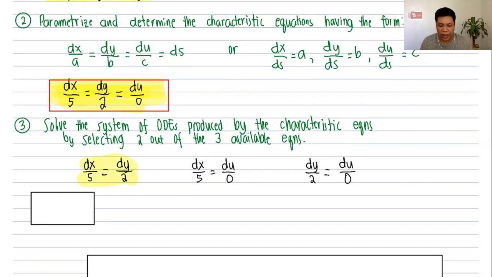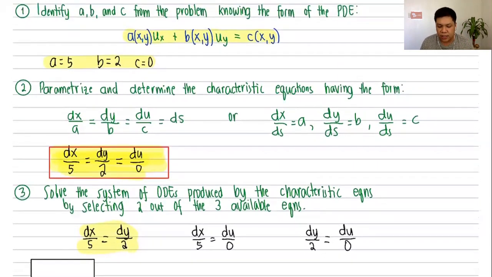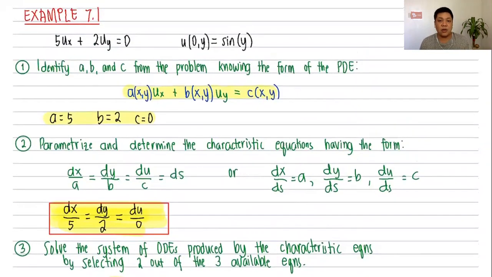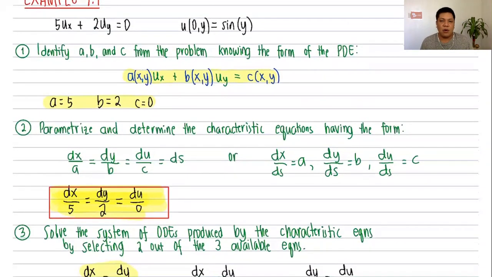Our second equation is, you go back to the initial condition. If we look at the initial condition, we are given the value of u at x equals 0, correct? So this is x over here.